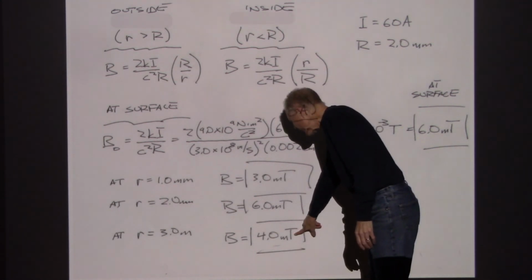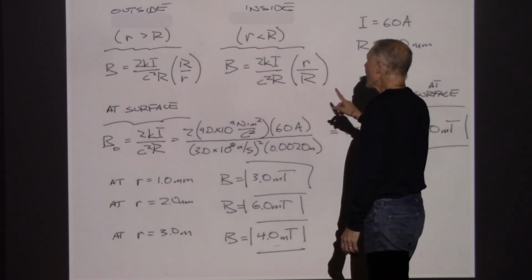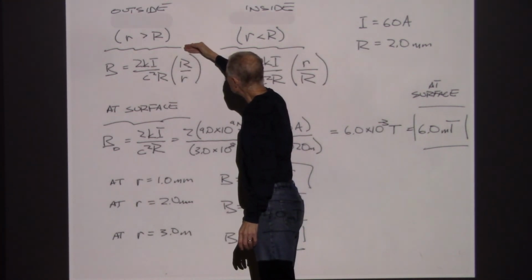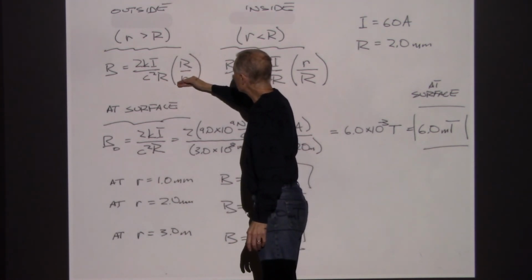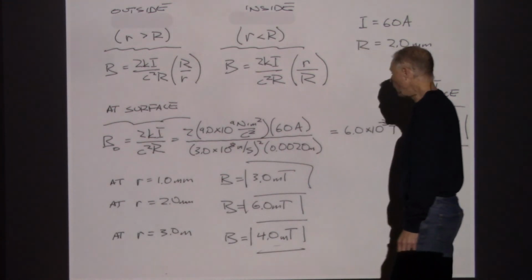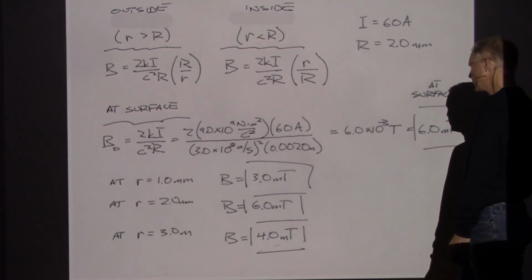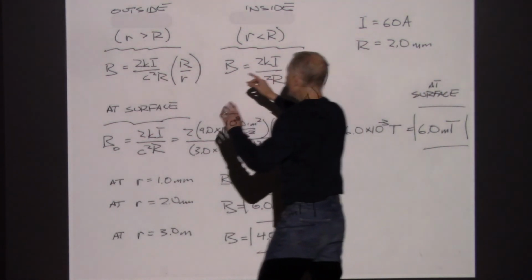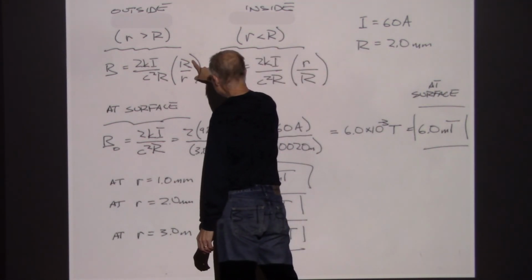And then when we're out at 3 millimeters, for that, I need to use this formula. That is going to be 3 millimeters divided by 2 millimeters. 3 over 2 is 1.5. Or I'm sorry, I've got it backwards. This is 3 millimeters, this is 2.